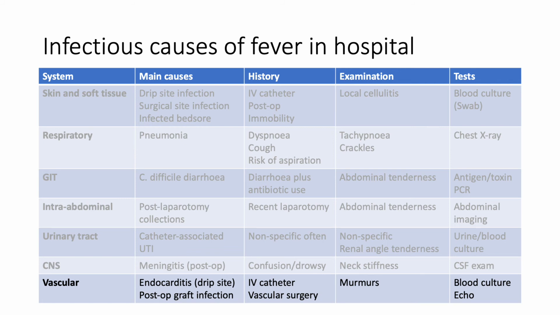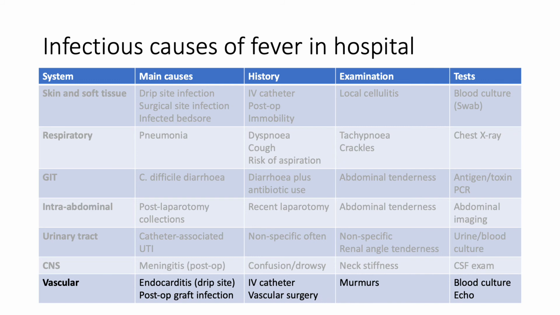Remember, Staph aureus bacteremia as a complication of drip site infection can definitely cause endocarditis, and this is an important consideration. And then recent vascular surgery, sometimes at the site of surgery there can be evidence of infection, and that can raise suspicions about graft or endovascular infection. On examination, fever is very prominent, and potentially murmurs can be heard. And importantly, to do imaging and blood cultures, which are frequently positive.